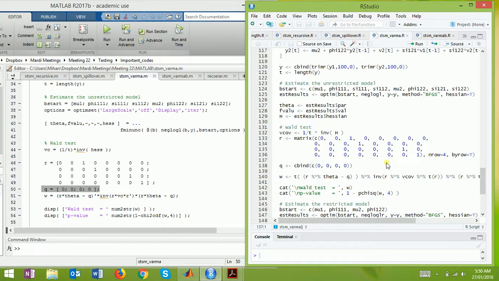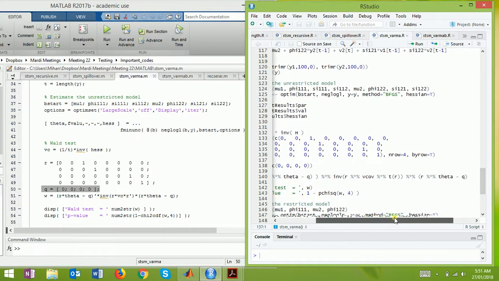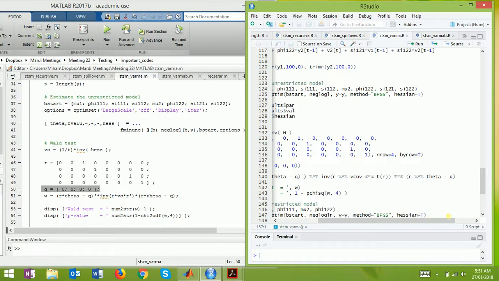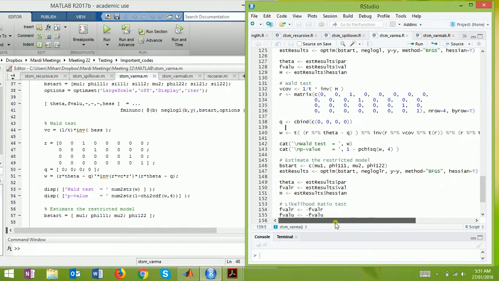First we create a column indexing all the elements, and we put them in a matrix function where we want 4 rows, and the number of columns will be by T. Q is we column bind the zeros, then W is we have T times R theta minus Q multiplied by the inverse of R variance covariance R transpose, multiplied by R theta minus Q. So that is the VAR test, and then we do P chi-square with omega and rows for columns.